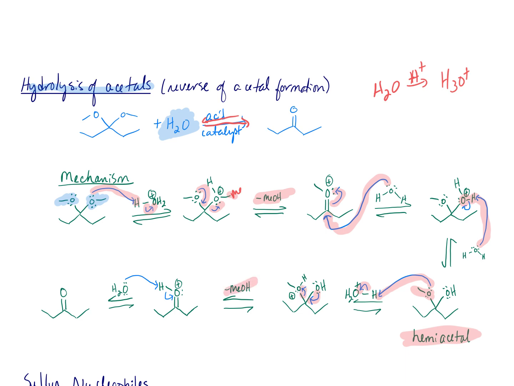So again, you're getting out that alcohol. Finally, a water molecule comes and picks off that extra hydrogen. Electrons go back to that oxygen, and you're left with a ketone or aldehyde. Okay, so that's how we get rid of our acetal. Acetals can be used as protection groups for this very reason, because that entire thing is in equilibrium. So that's kind of nice.